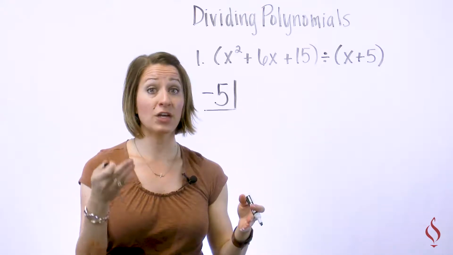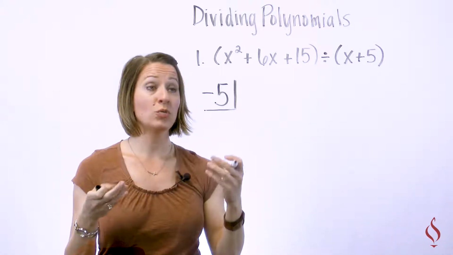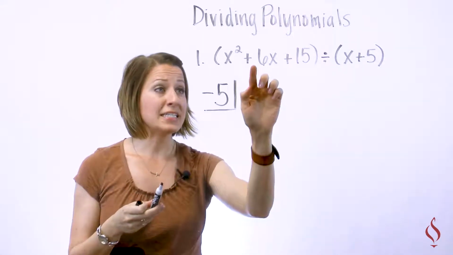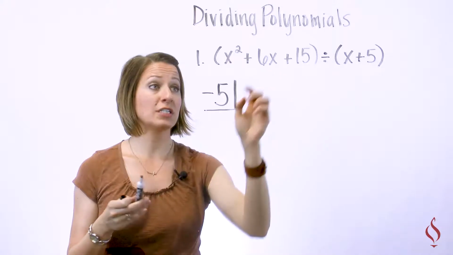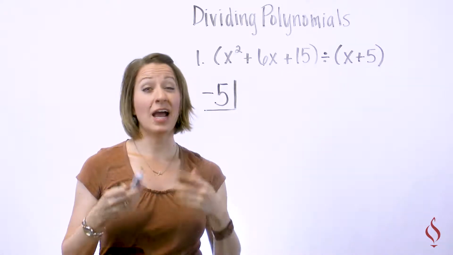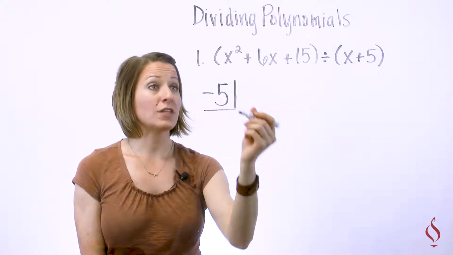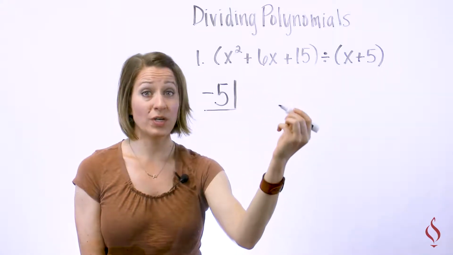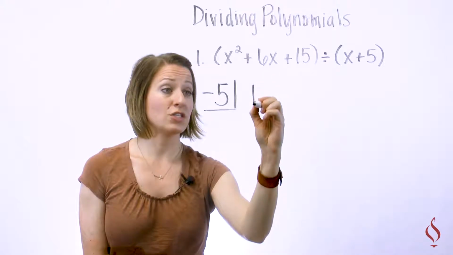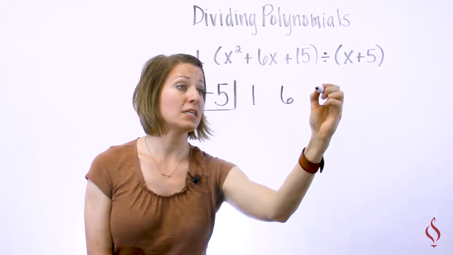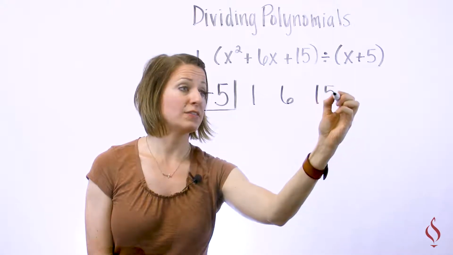There's another video that you need to watch when you come across a polynomial that, let's say, didn't have the x to the first exponent, and I'll show you that one on another video. But right now they're in order, so the highest exponent is the x squared term. It has a coefficient of 1, and then we have a coefficient of 6, and then positive 15.